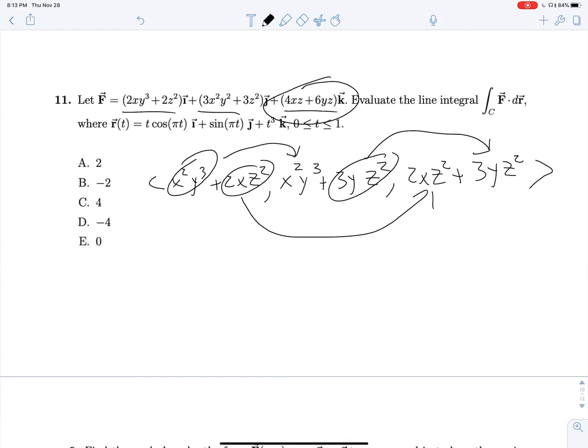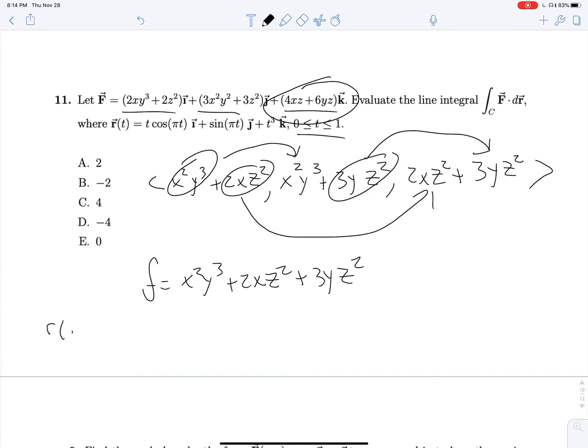So we only count each of these once, and our potential function f is x squared y cubed plus 2x z squared plus 3y z squared. And now all we need to do is figure out what these t values for r of t correspond to in terms of x, y, and z.